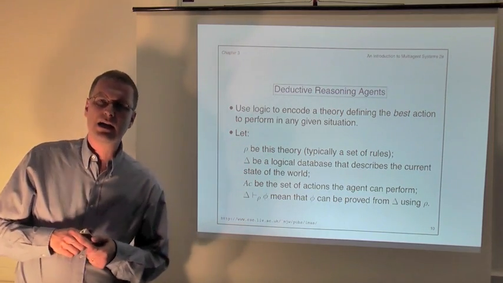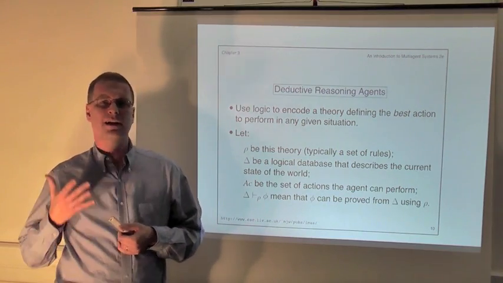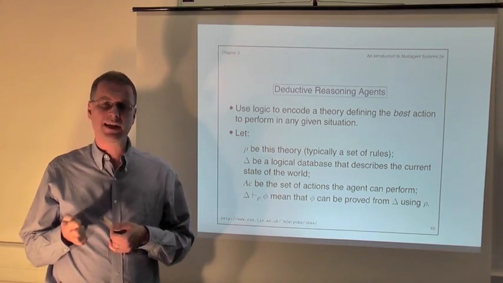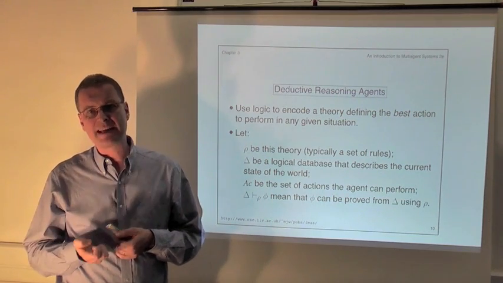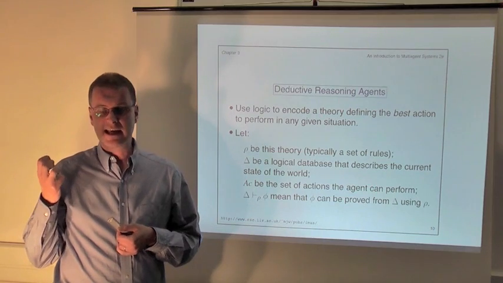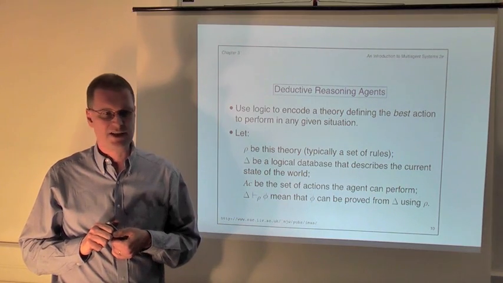In a symbolic agent architecture, the key ideas are that an agent has an explicitly represented symbolic model of its environment, and that decision making about what to do is done via manipulating that symbolic representation.